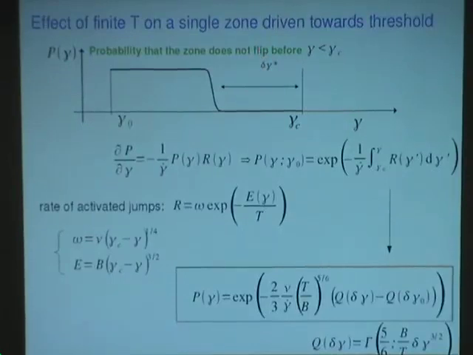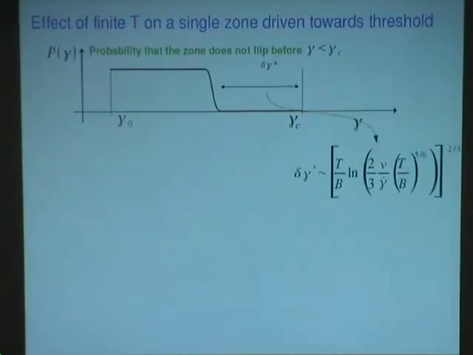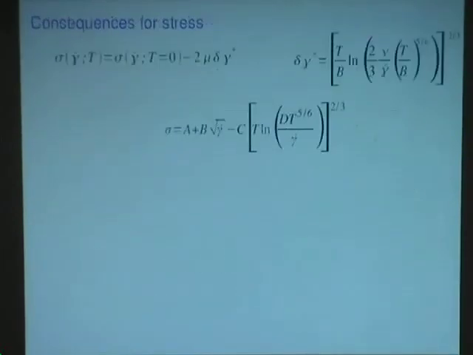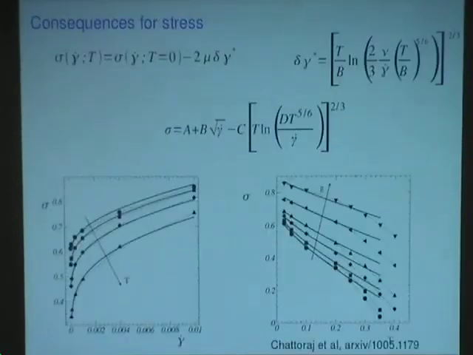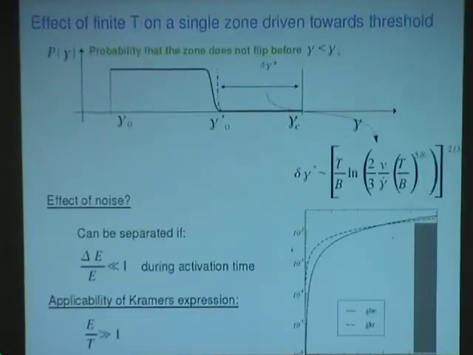And then you go out of the situation where you can apply Kramers' expression. So the crossover between the two is not something that we can understand. The point is that we cannot, from these expressions, look at the T goes to 0 limit. It is very special, and it's not something that we can do. We can only work in the domain of the parameters, avoiding the T going to 0 limit.